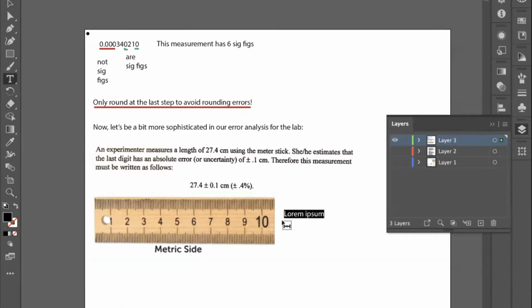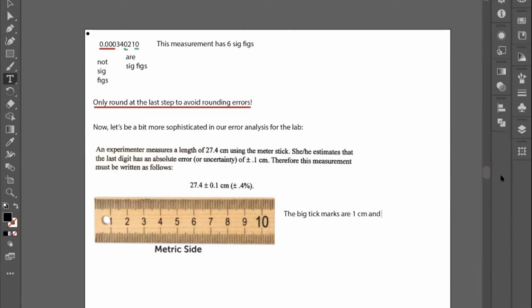The big tick marks are centimeters, and the small tick marks are 0.1 centimeters or 1 millimeter on a meter stick.